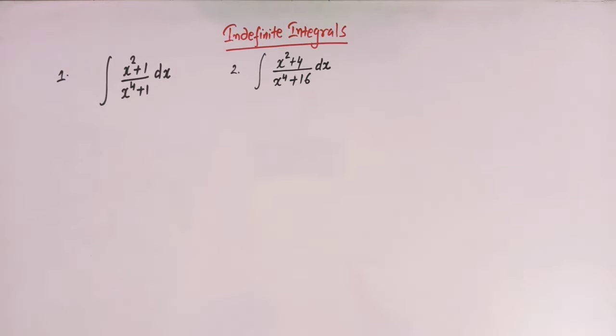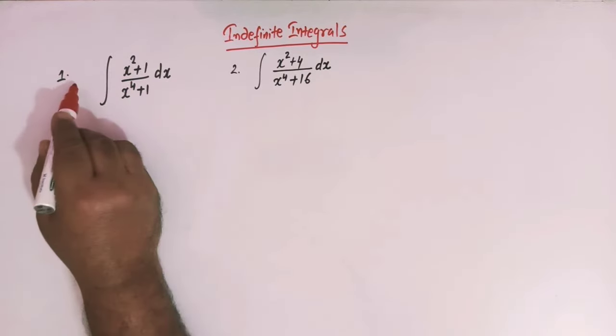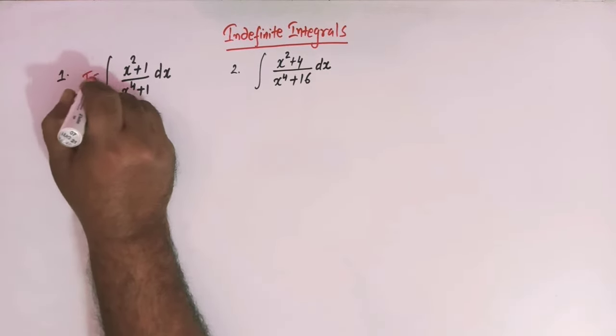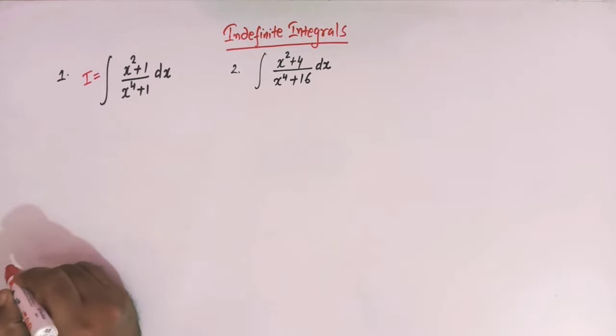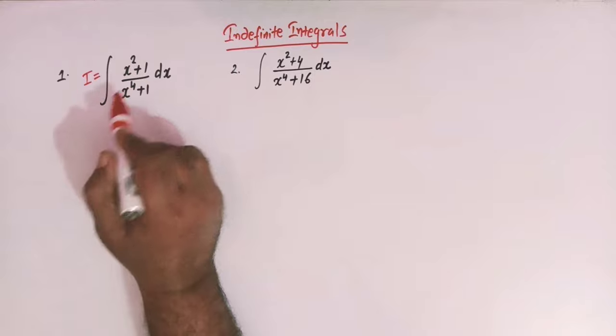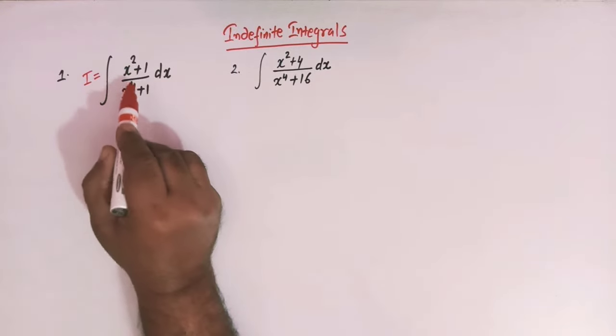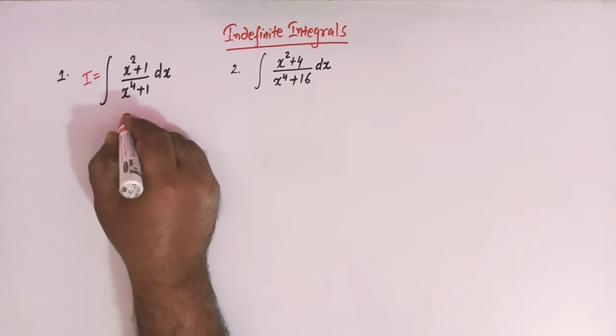So let us first see problem number 1, and here we can take this integral as I. In order to solve this integral, we will divide the numerator and the denominator by x square.